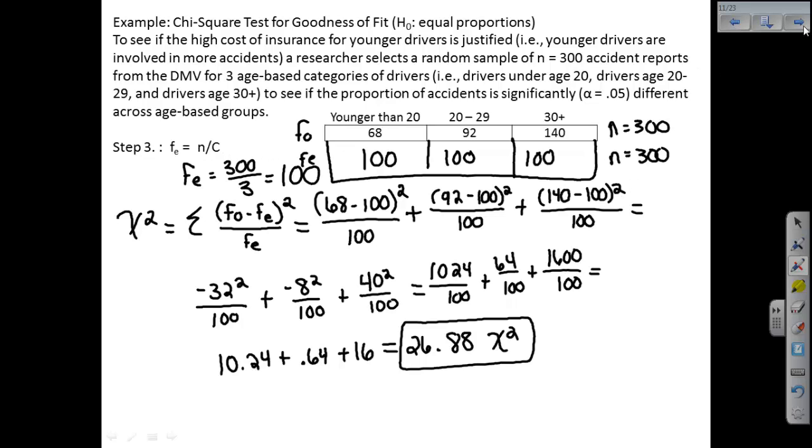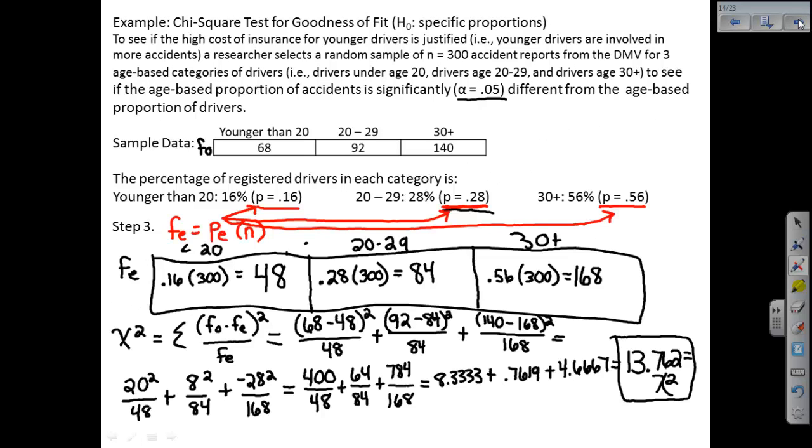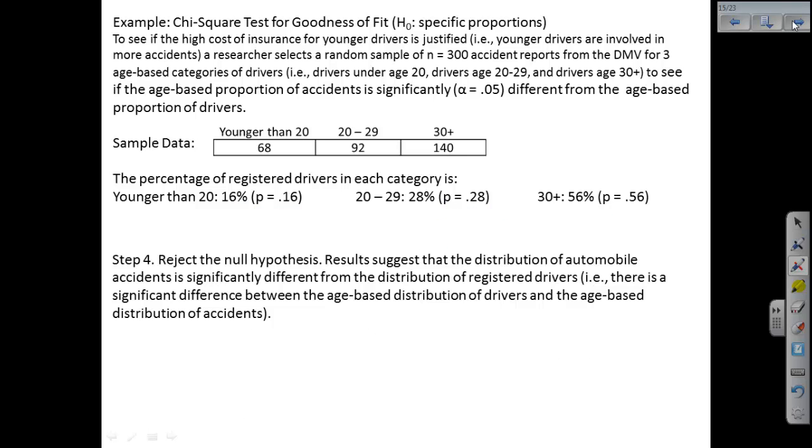Although both are significant, once we're more accurate with the proportions in the population, our chi-square does shrink a little bit. So our observed data is a closer approximation of what we'd expect, because it compensates for the fact that there are fewer drivers younger than 20 on the road. Still rejecting the null, still significant. We're really trying to make sense of this and say, is the cost of insurance for younger drivers justified?